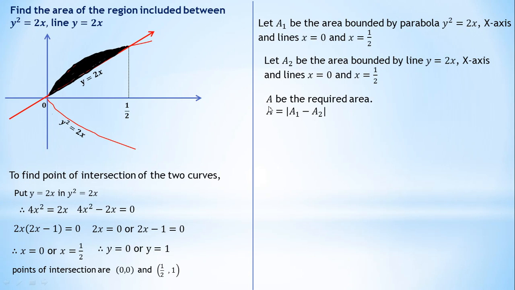So see here, by using application of definite integration, we can express the area which is bounded by the two curves. Okay, so that is A is equal to modulus of A1 minus A2. Now let us find out A1 and A2.